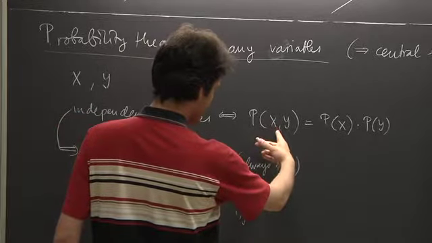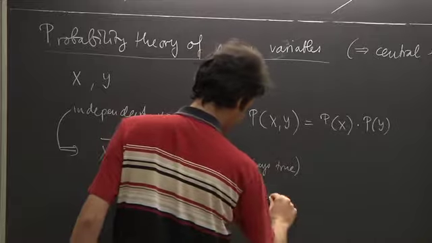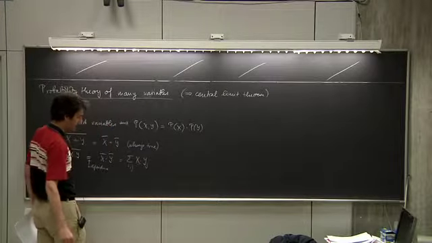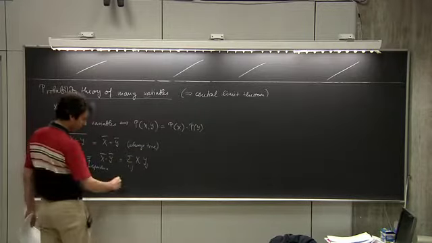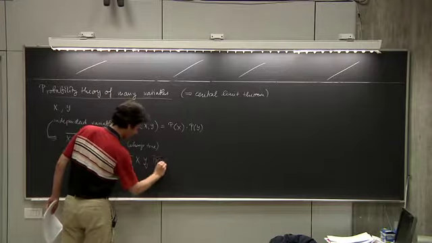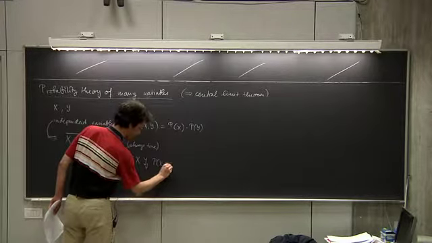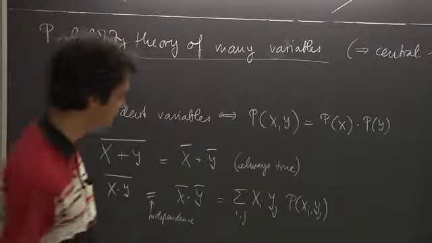The realizations of x I call xi, and the realizations of y I call yj, and i and j go over the allowed values for these variables. And here I have to put xi and yj and their probability. That's just the definition of what an expectation value is.